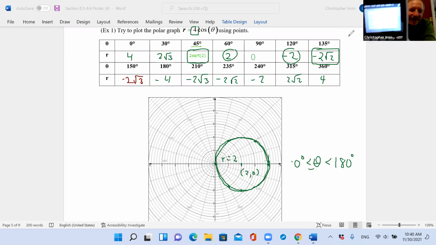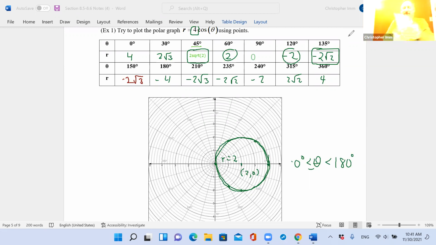It did change it. There we go. So that one is 5 units. So the diameter is 5.